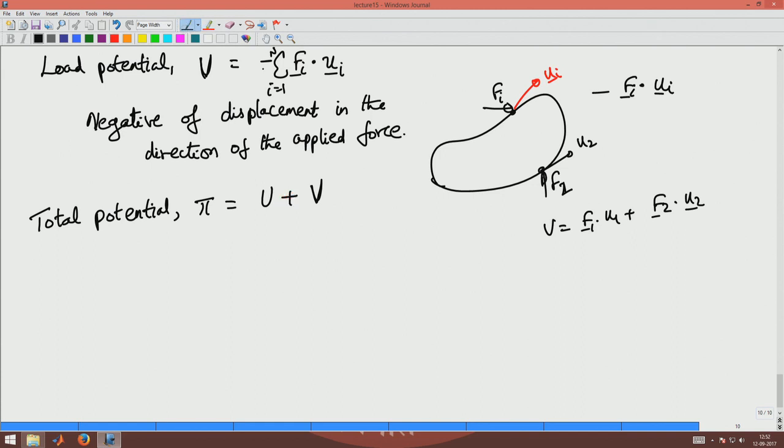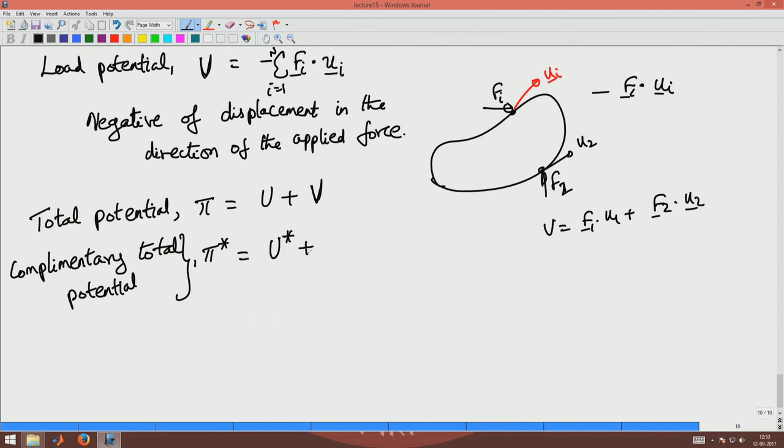I introduced a negative sign there because I did not want to introduce a negative sign in the total potential. Similarly, there is a complementary total potential, which is denoted by pi star, which is nothing but the complementary stored energy plus the load potential V.